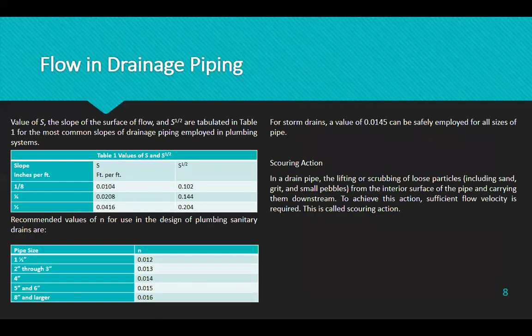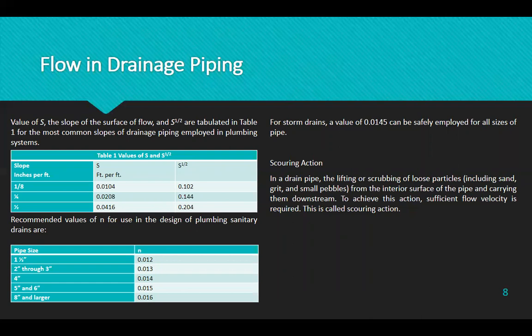Then the value of S, the slope of the surface of flow, and S to the 1/2 are tabulated in Table 1 for the most common slopes of drainage piping employed in plumbing system. Table 1, values of S and S to the 1/2. So for a slope in inches per foot, sa 1/8, yung slope mo is 0.0104.